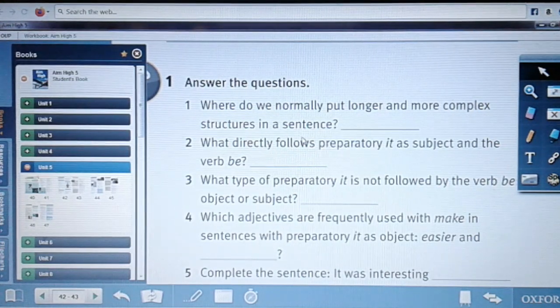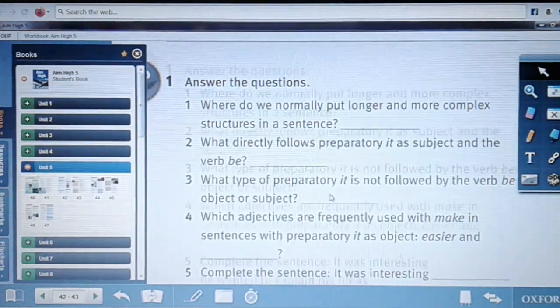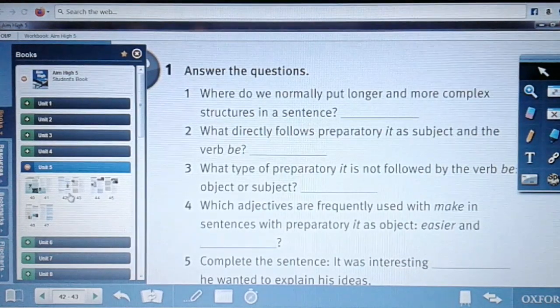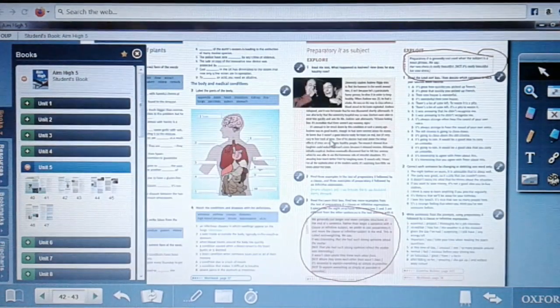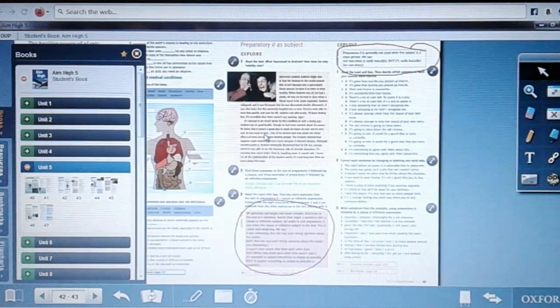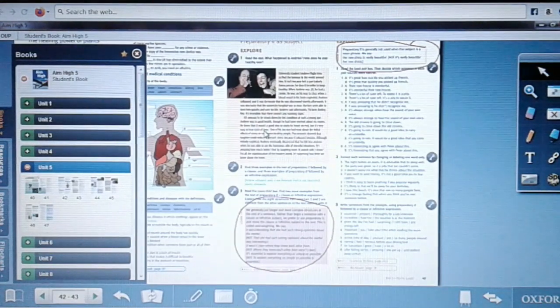So these questions are related to the theory of preparatory it as subject and preparatory it as object. To answer these questions, you can take a look at the theory of preparatory it as subject on page 43 in your student book.